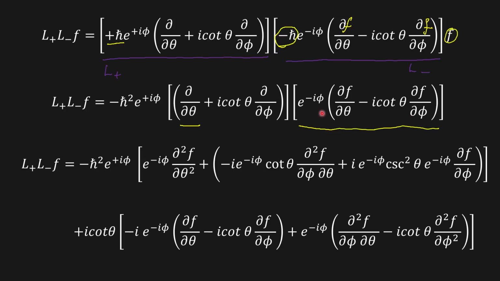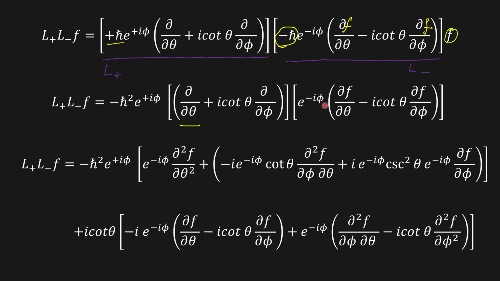So the first term is e to the power minus i phi. There is no theta dependence, so you keep it as it is. Then differentiate del f over del theta, which will become del 2 f over del theta 2. Then you differentiate the second term.